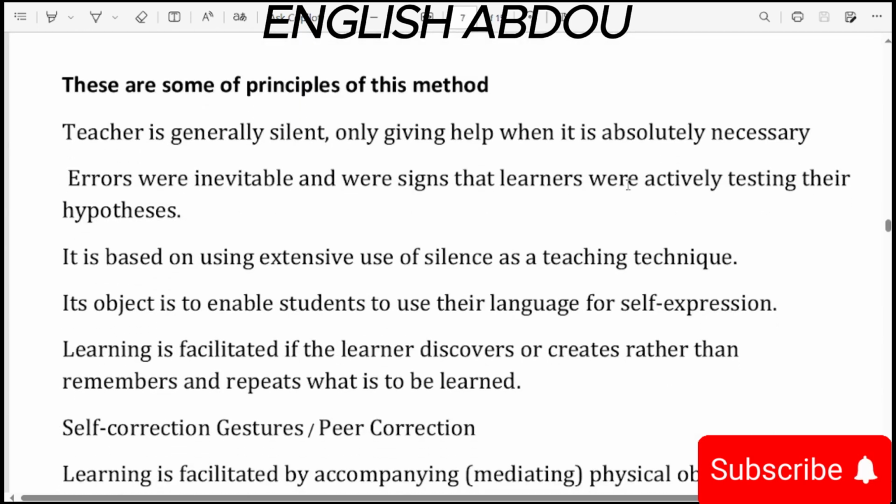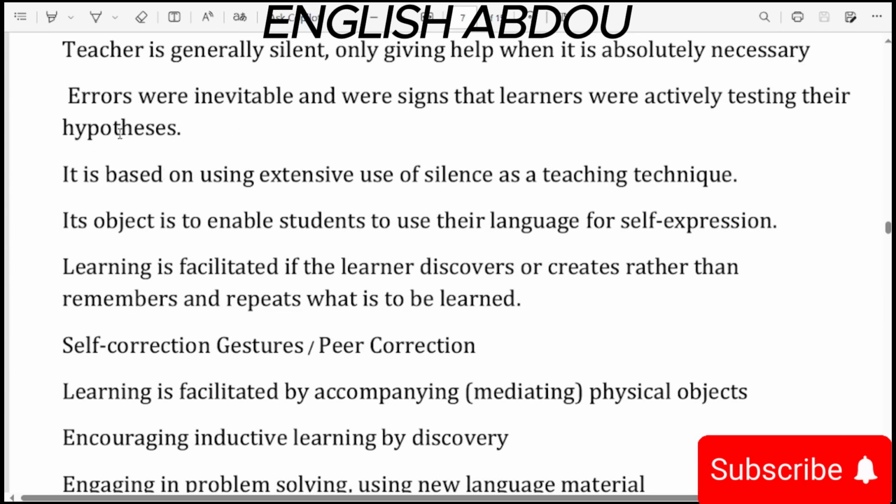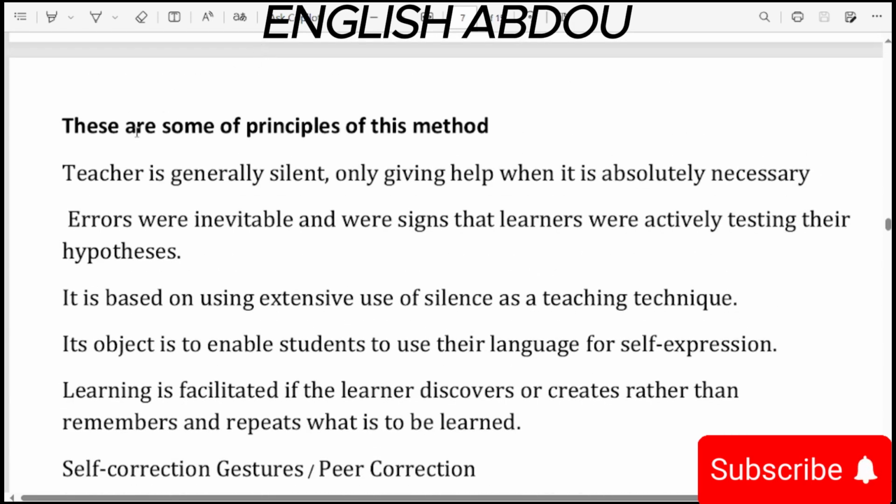Okay, these are some principles of this method. The teacher is generally silent, only giving help when it is absolutely necessary.